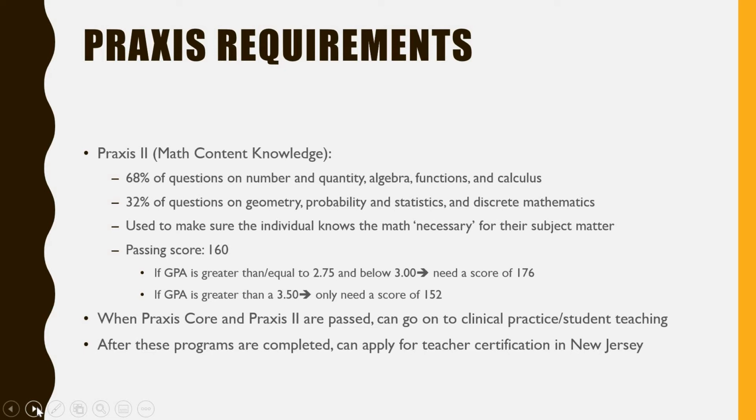So the purpose of the Praxis 2 is to establish that a person is proficient in the math deemed necessary to teach 6th through 12th grade mathematics. The general passing score is 160, and there are some adjustments made according to GPA.